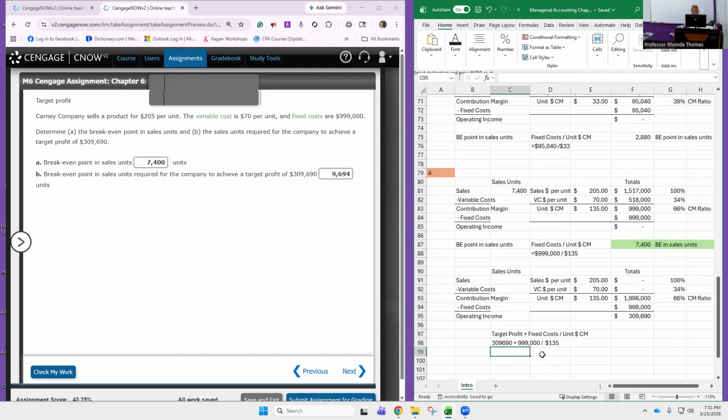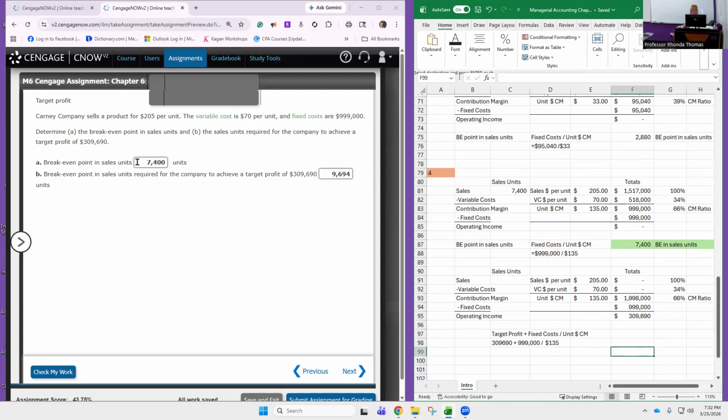Okay, so now let's just do the math here in Excel because we're trying to find the break even in sales required for the company to achieve. So break even sales units, this ought to be the target profit sales units, because the break even was up here, but this is how much needs to be there to have this kind of a profit.